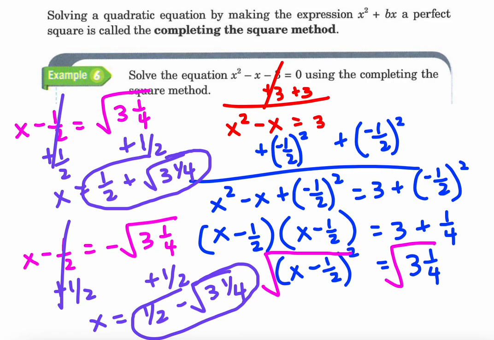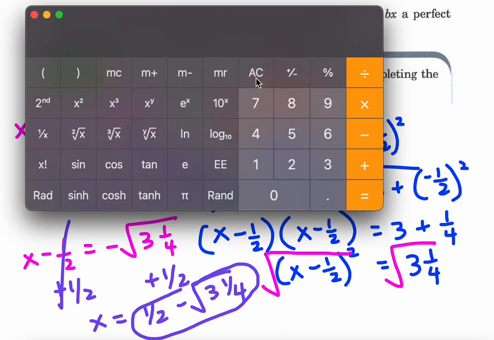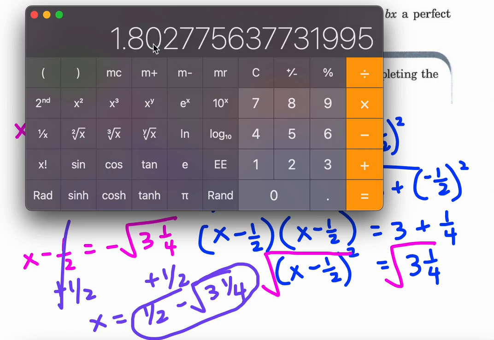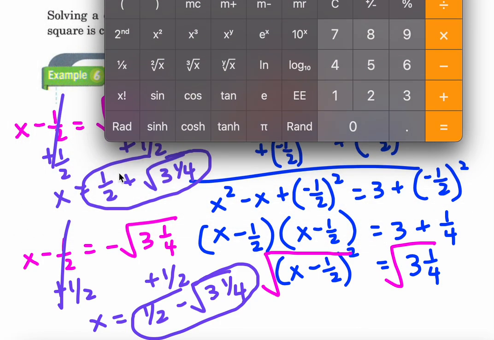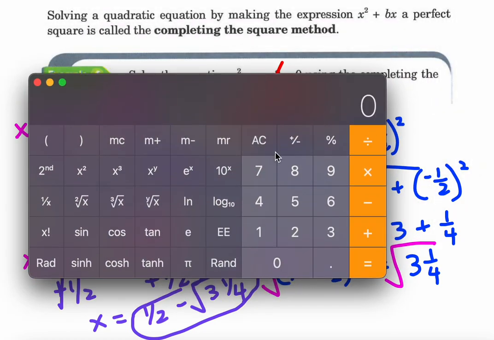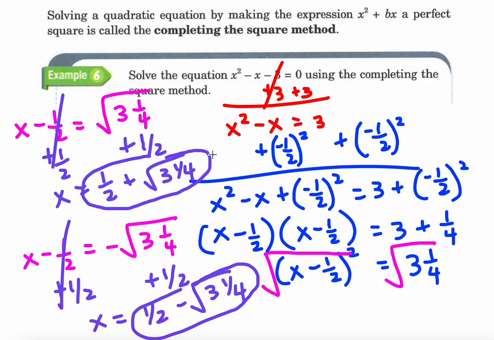Now, if you wanted to go further and let's say you're like, this means nothing to me, I need an answer that I can actually use in real life, you can put that into your calculator. So figure out the square root of 3 1/4, which is 3.25. Square root that, it's about 1.8. So if I'm adding a half to 1.8, 0.5 plus 1.8, this is obviously estimated because we rounded, it'd be about 2.3.